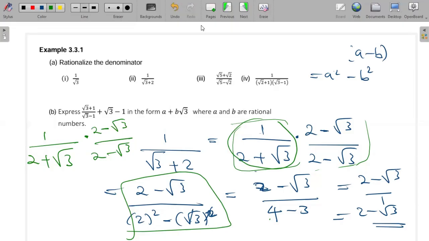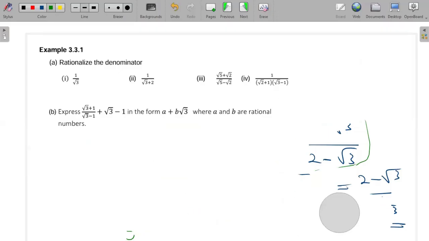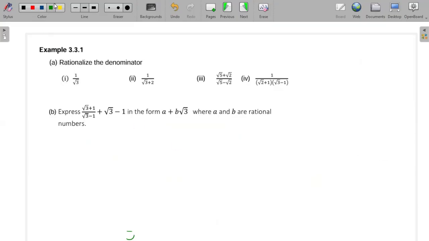Is there any other question before we do the next one? Okay, there's no question, so let's proceed with the next one. Our next question has root 5 plus root 2 over root 5 minus root 2.